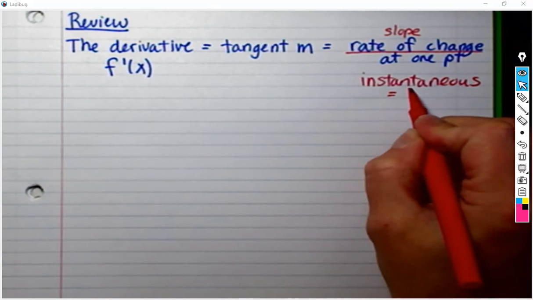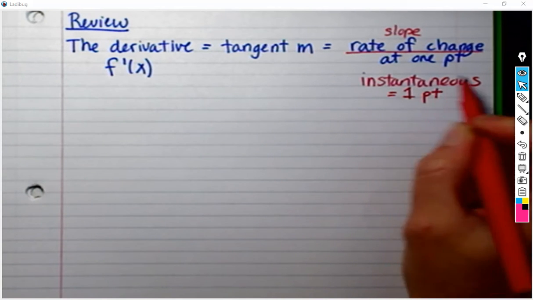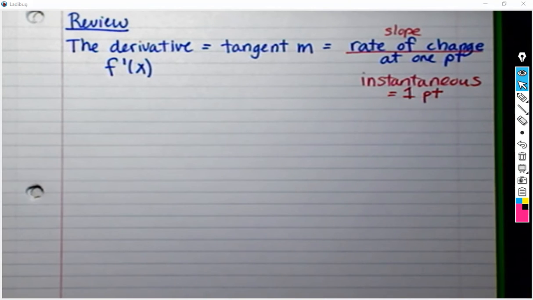Instantaneous means 1 point. Okay, so instantaneous rate of change is tangent slope. So today is about vocab, right? It's kind of like a little puzzle, putting all the information in the right places.